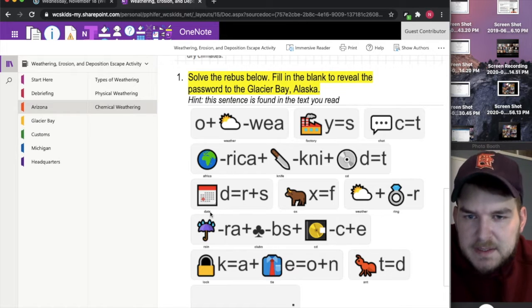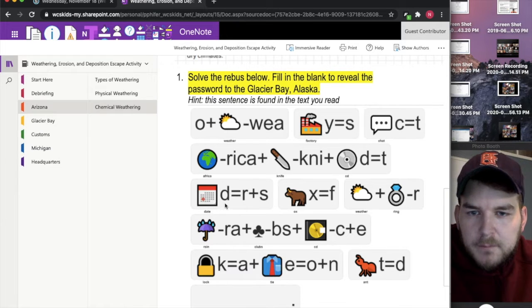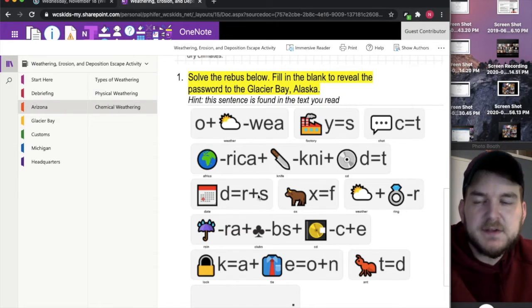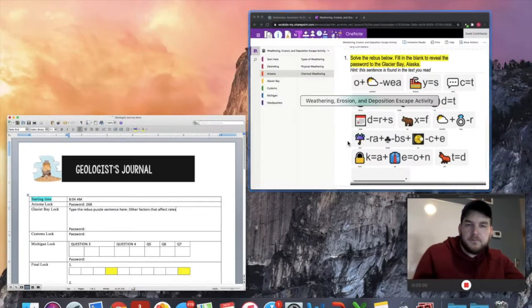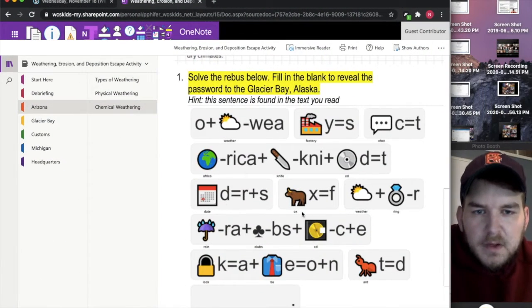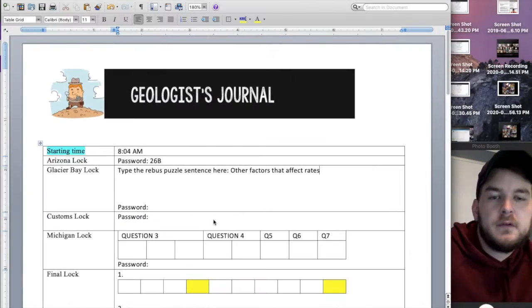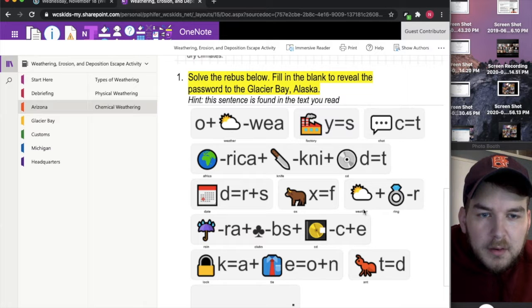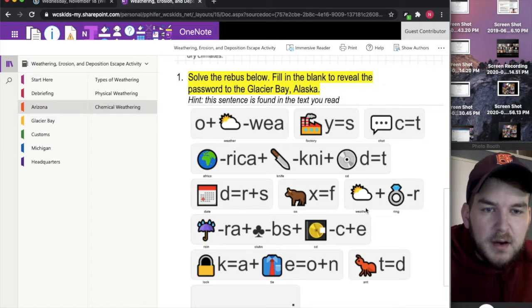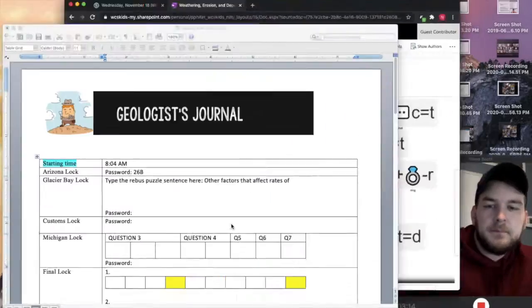Next we have date, but D equals R, so that would make it rate plus an S, so rates. Next we have ox, but the X equals an F, that is of. Okay. Next one we have weather plus ring minus the R, so weathering.